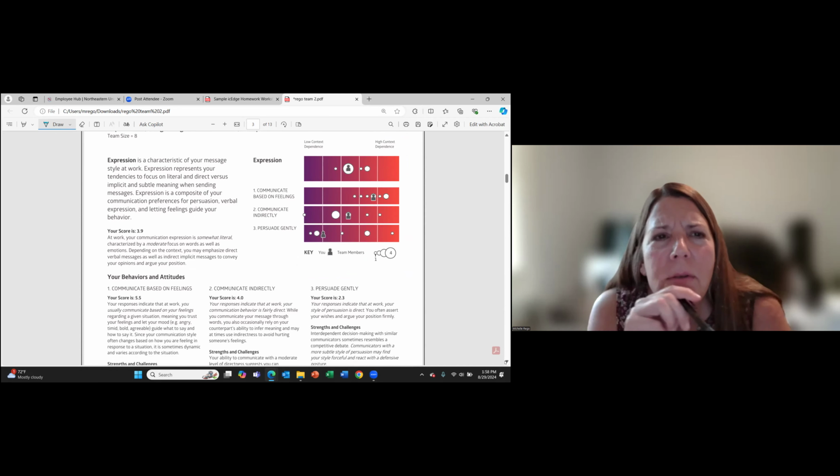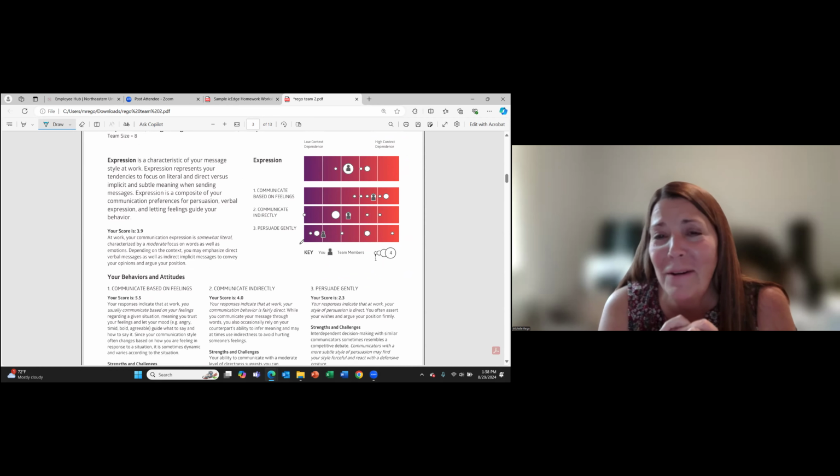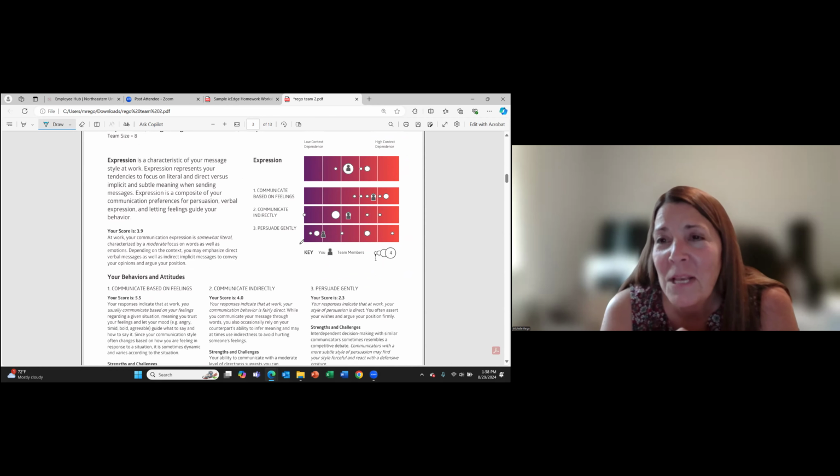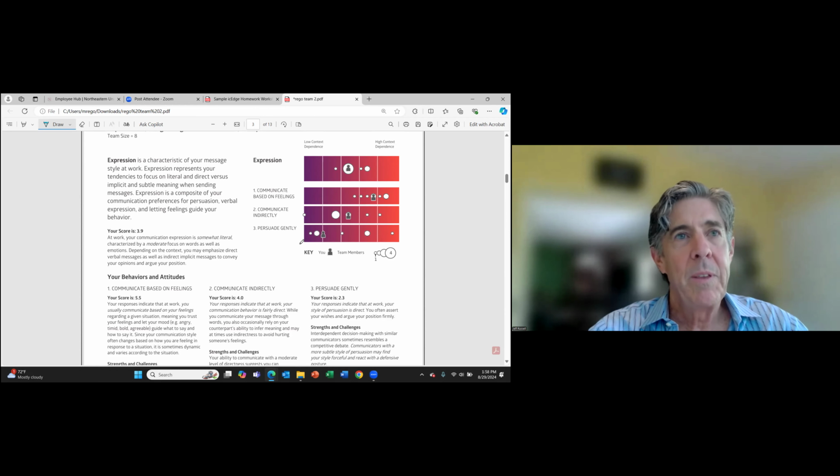If you're trying to work on a team together and one member is a bull in a china shop, to use a cliche, and someone else is very gentle in their persuasion, that's not going to go well if you don't recognize it up front. Yeah, exactly. One thing that's probably slightly reflective of reality is that you don't have all 8 members here.